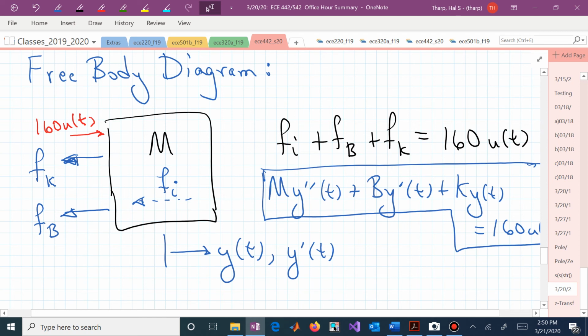You have your dashpot, or damping force, which is b times the velocity of that mass, which is y prime. And you have your inertial force, which is m y double prime, or m times the acceleration of that mass. All of that is equal to 160 u of t. And that should now give you the information you need to slightly modify the block diagram that we were using in an earlier lecture, which was lecture 4.3b, in order to work that problem.